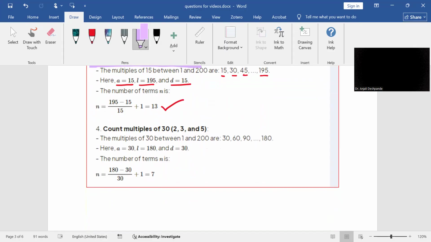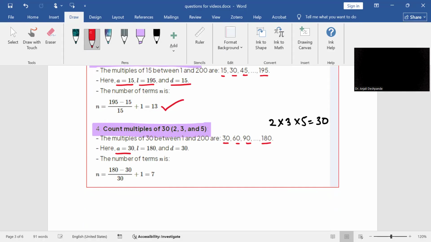Now we are going to see multiples of 2, 3 and 5 together. 2 into 3 is 6, and 6 into 5 is 30. So we are going to see the multiples of 30, starting with 30, 60, 90, up to 180.